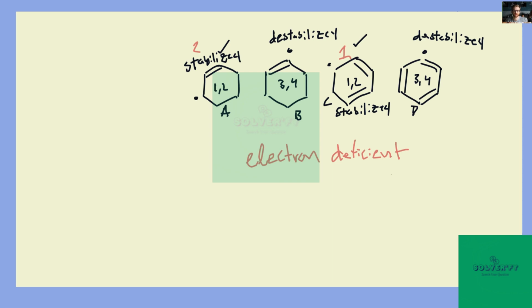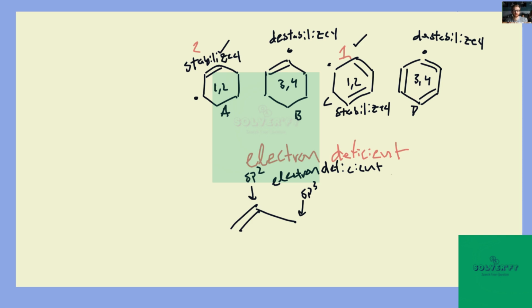Okay, now let's talk about what we were talking about before, sp2 carbons, right? sp2 carbons versus sp3, when you're comparing them, are also electron deficient relative to sp3 carbons.